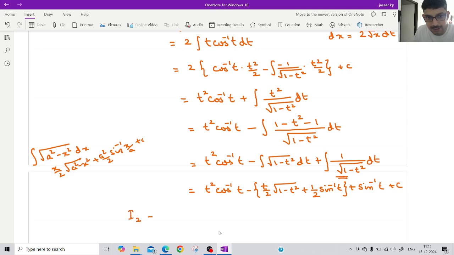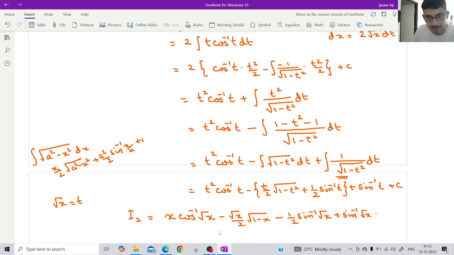So now let us write in terms of x, or simplify this. So it is t square, t is root x equal to t. So that means t square will be x cos inverse root x minus root x by 2 and root of 1 minus x, then minus 1 by 2 sine inverse root x plus sine inverse root x plus c.